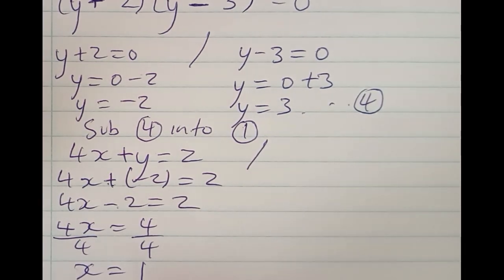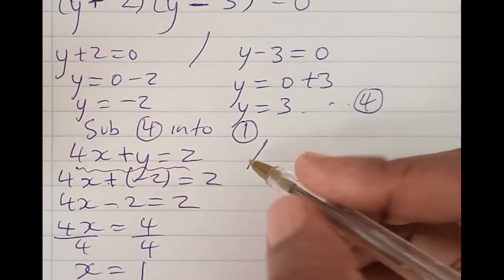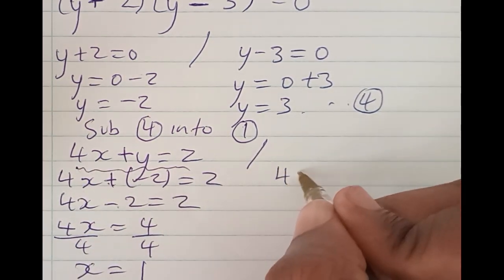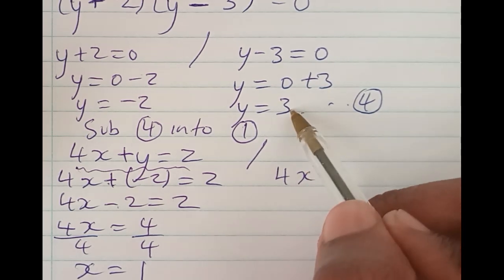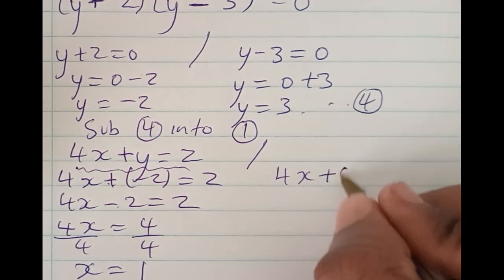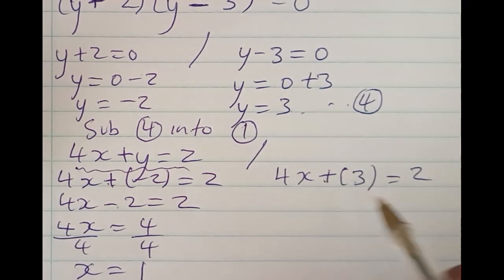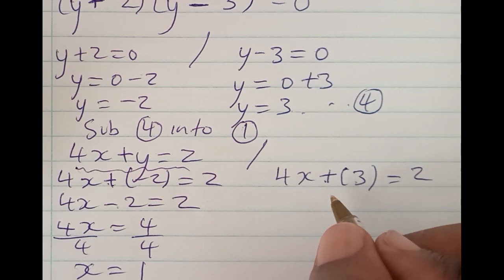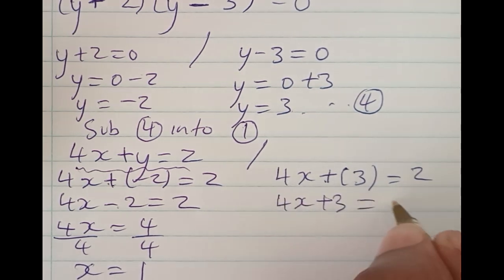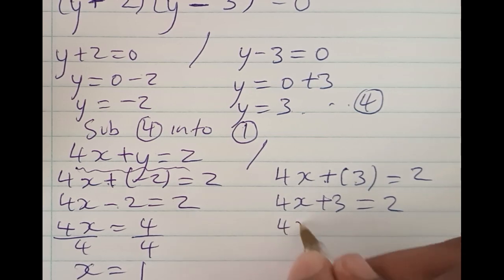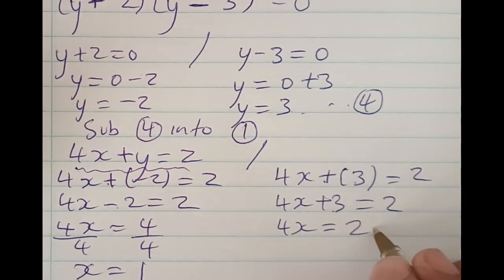Remember, this one is our equation 1. Now I will substitute. I will say 4x plus, now I will have to substitute 3 where I see y. So it will be 3 is equal to 2. So positive multiplied by positive is positive. So 4x is equal to, when I take 3 to the opposite side, it will change the sign.